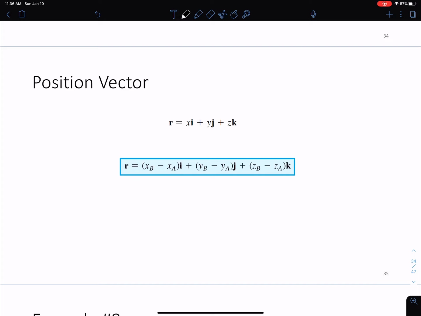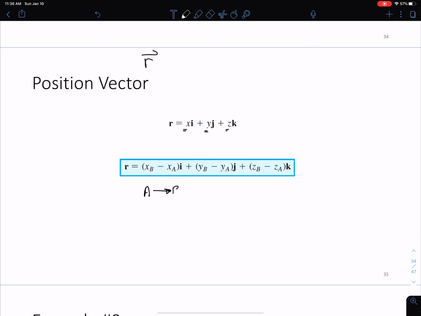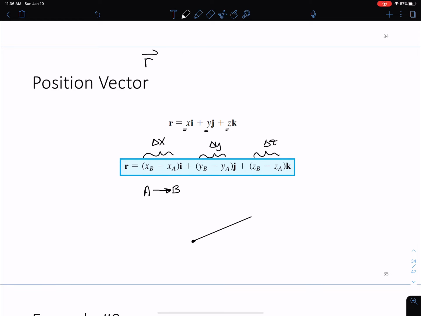So we typically use R to express position. And it's just going to be the X component, the Y component, the Z component, of course. And the way we find that is if we want to measure from point A to point B, we take the difference in the X, that's our i, the difference in the Y, and the difference in the Z, and that is our position vector to get from point A to point B. And that's literally just like your coordinates, right?